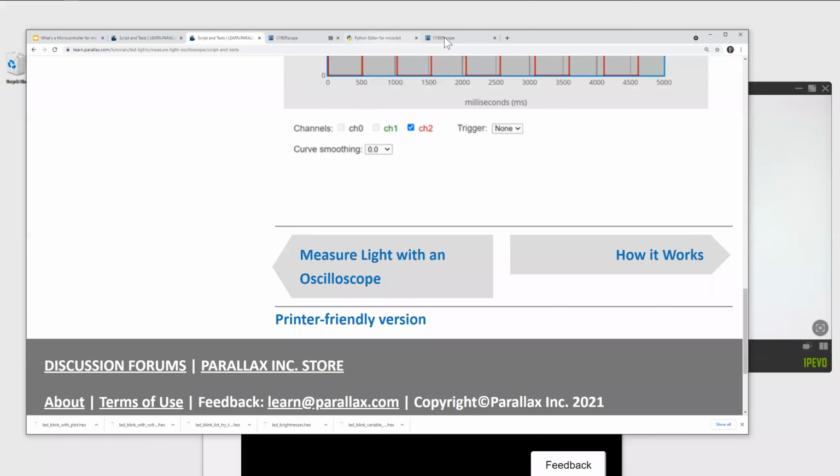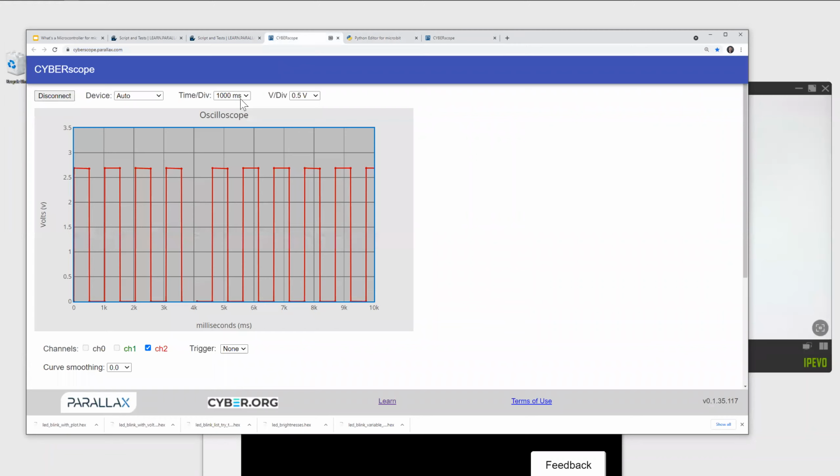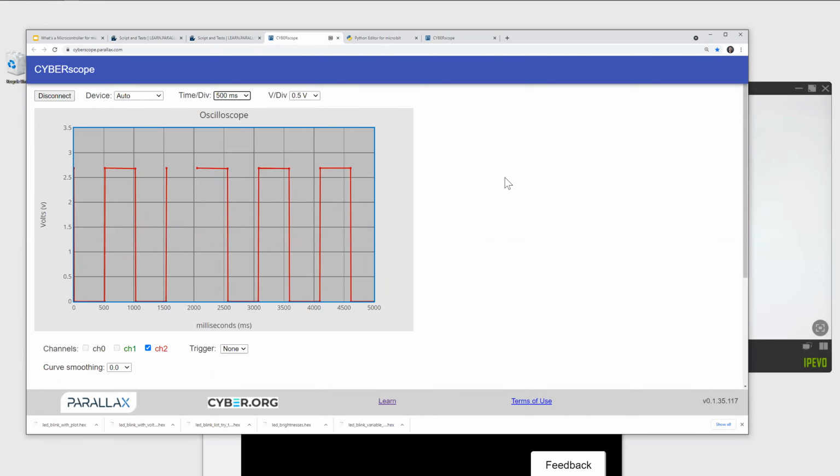These are important measurement techniques, and it helps give students a connection between graphing and measurement in a nice way. The first thing to do is to set your time per division from 1,000 to 500 milliseconds. And what that does is it zooms in on the high-low signals.